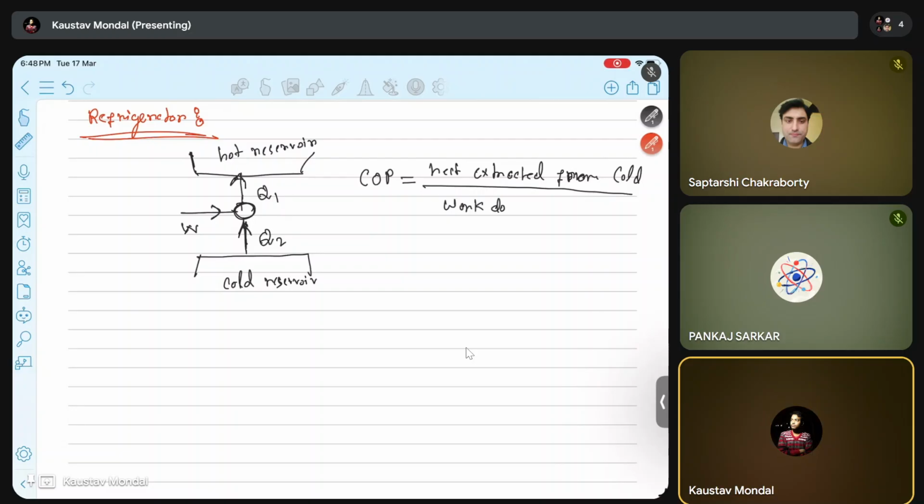Okay. So the expression of COP is the heat extracted, Q2, by the work done, W. Okay, so W is Q1 minus Q2. Okay, COP, coefficient of performance.